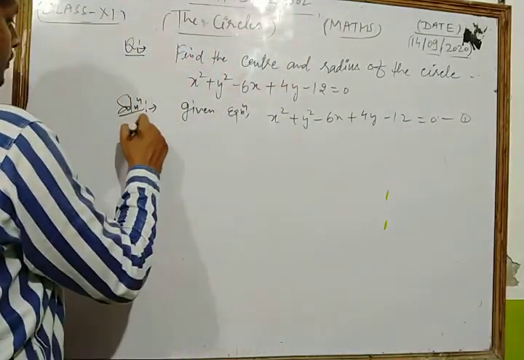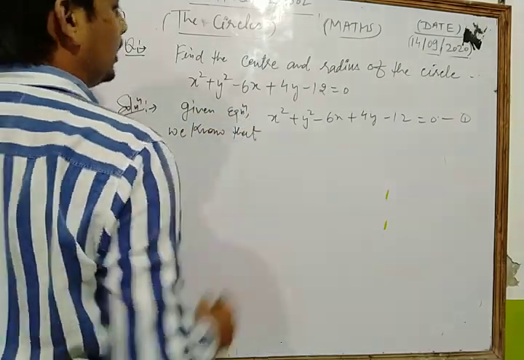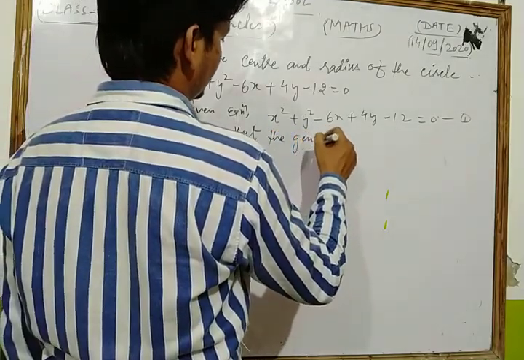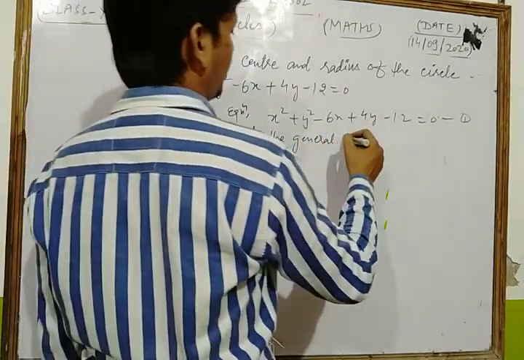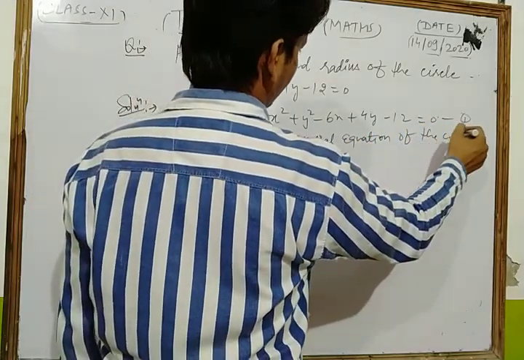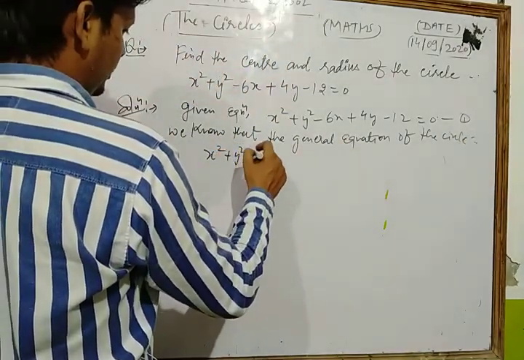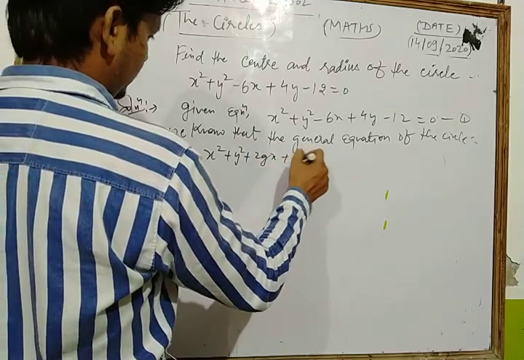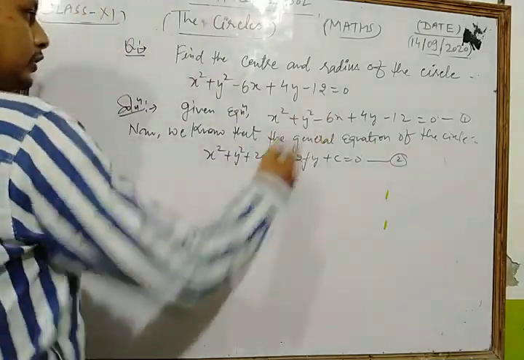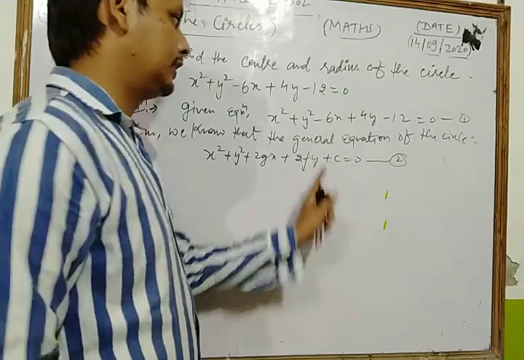Now we know that the general equation of the circle is x square plus y square plus 2gx plus 2fy plus c is equal to 0. Take this as equation number 2. Here both the coefficients of x square and y square are 1, so it is the same form as the general equation.